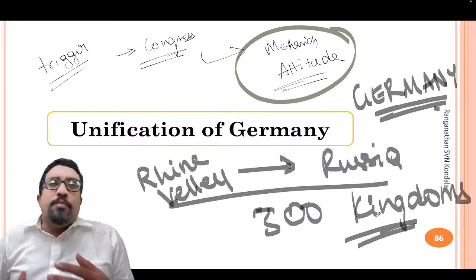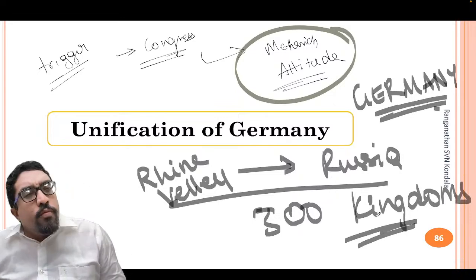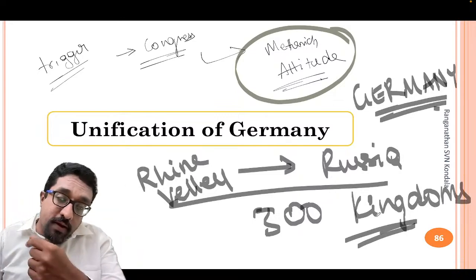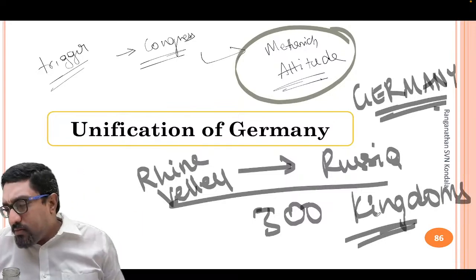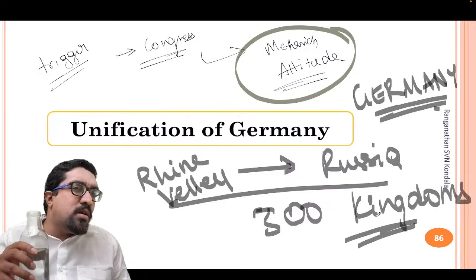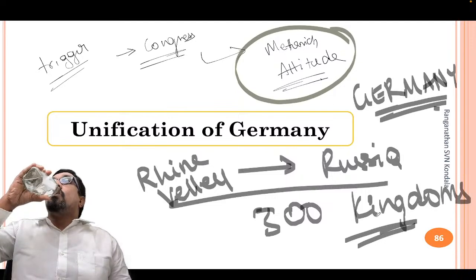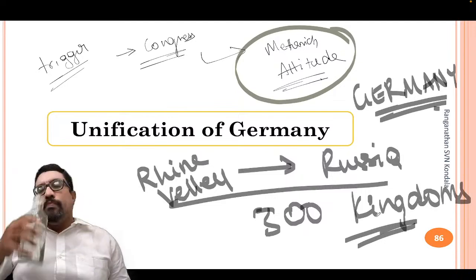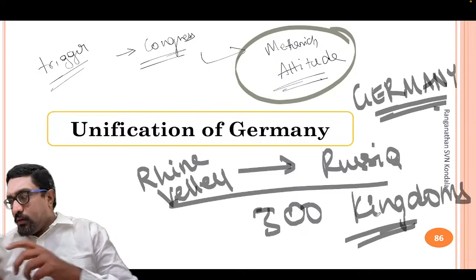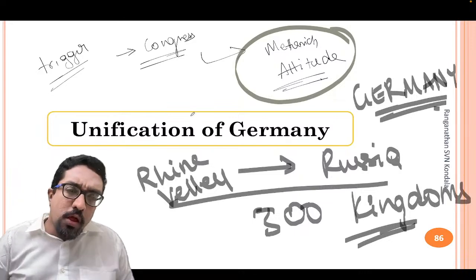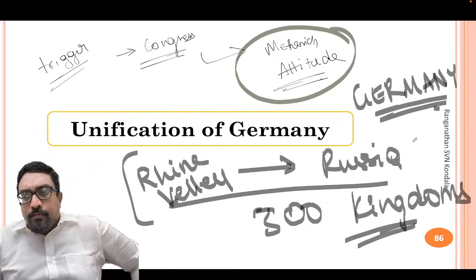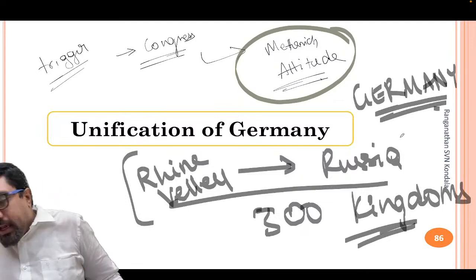Most of these were actually provinces under the previous Holy Roman Empire. Because the Roman Empire is gone, most of these kingdoms started to become completely independent. They all became self-ruling, completely independent.